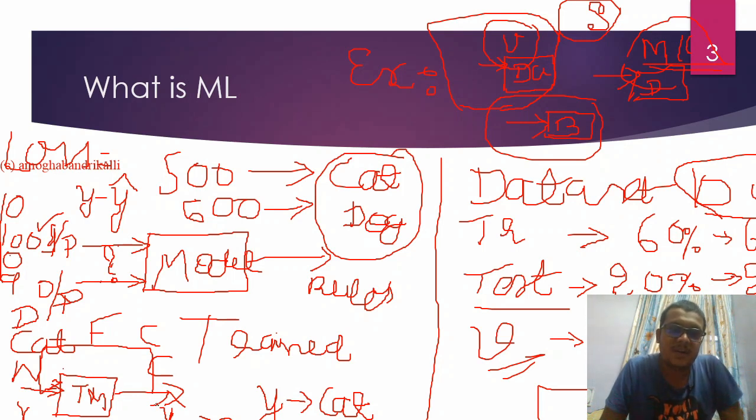The machine provides some output, and that output is compared with the actual output; that is the loss. This loss is computed for several observations. Say in your first year you did a titration example. In the first iteration you mixed some solution and the color did not change.